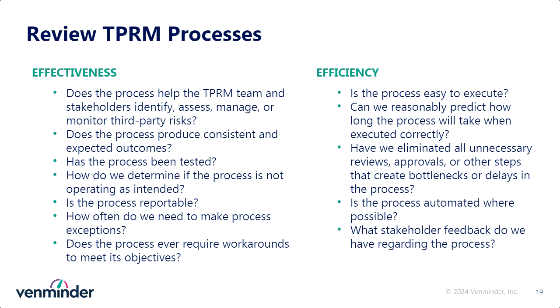We also want to think about how we know if the process is working as intended. Has it been tested? If not, how do we detect failures or errors? We also need to think about how often we have to do process workarounds or make exceptions, because the higher that occurrence of exceptions, the lower the effectiveness of the process.